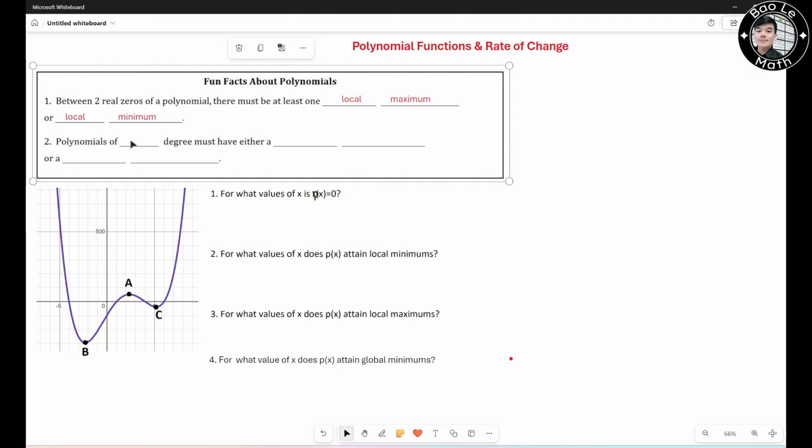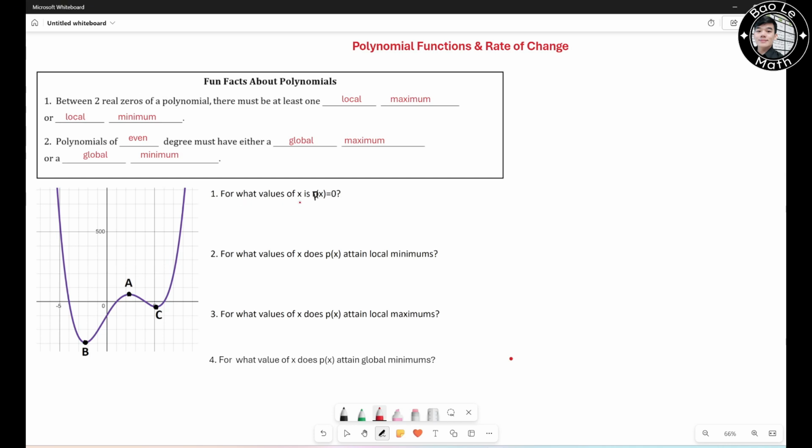Polynomials of even degree must have either a global maximum or a global minimum. Now look at this example right here.